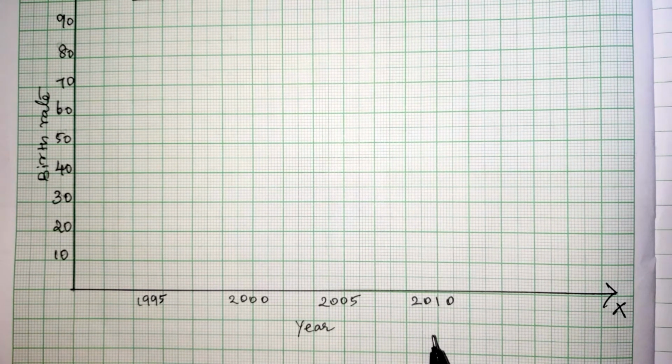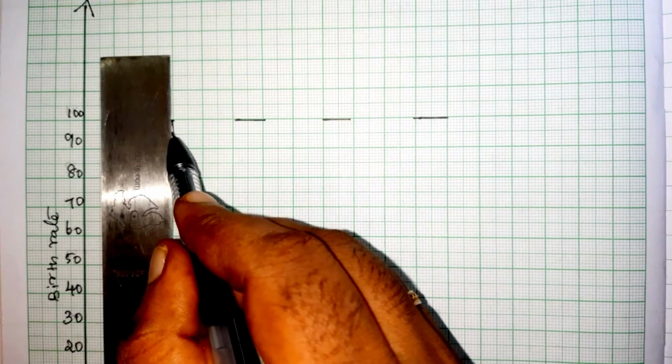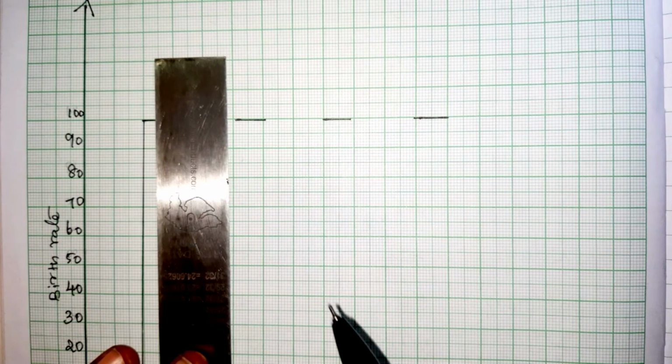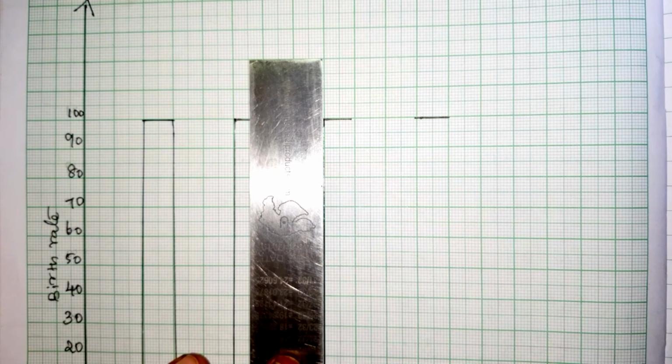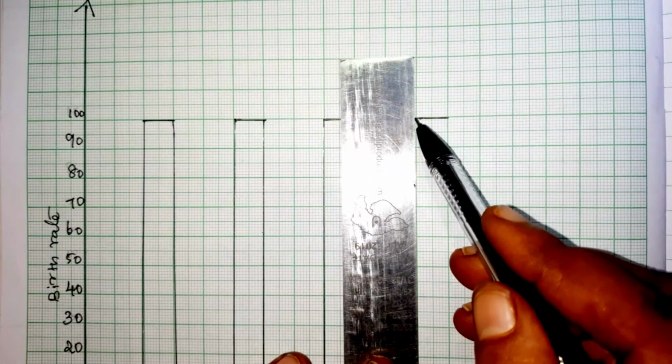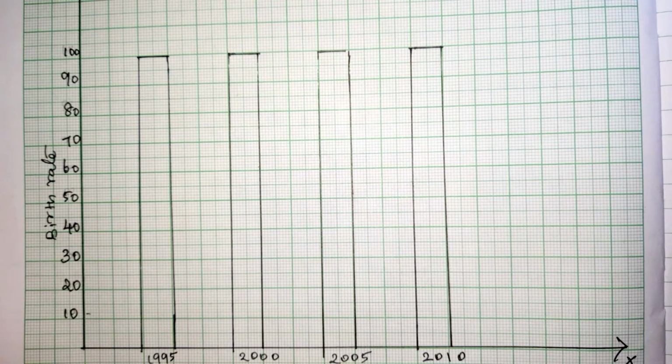We have to draw a vertical bar of equal length 100. This is for the year 1995, this is for 2000, this is for 2005, and this is for 2010. Now based on the country, we have to divide the segments.